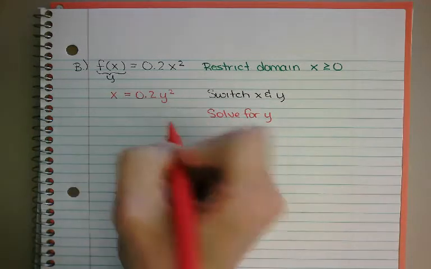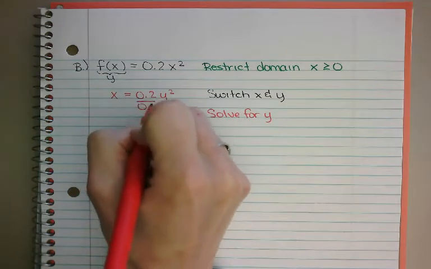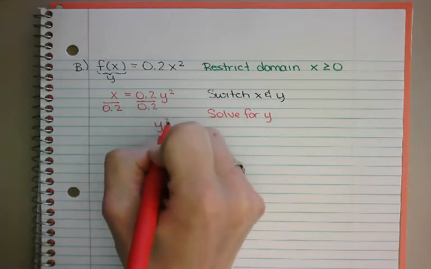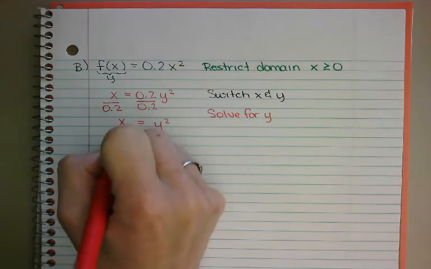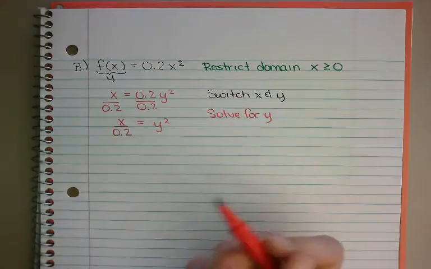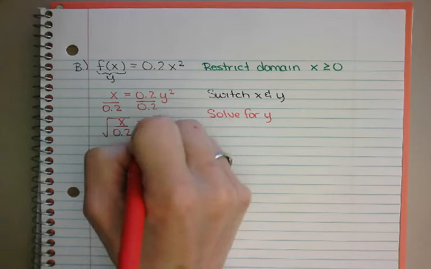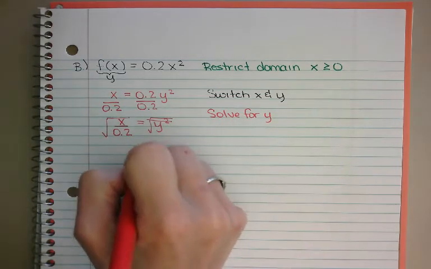So I'm going to now divide this by 0.2. And so I get y squared equals x over 0.2. And then I'm going to square root both sides so that the inverses cancel.